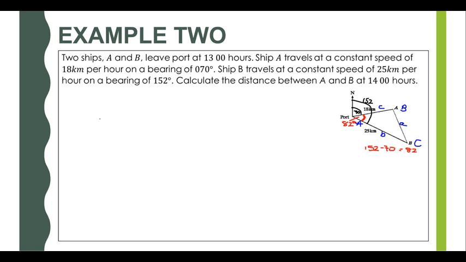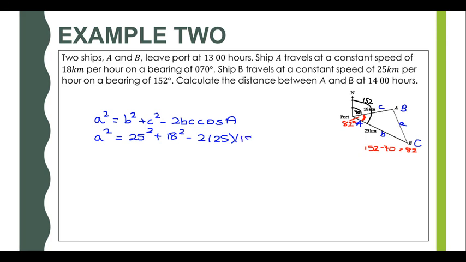The cosine rule, when we're trying to find our length, is a squared is equal to b squared plus c squared minus 2bc cos A. So we can substitute in what we know. a squared we're trying to find. b we know is 25, so 25 squared plus c is 18, so 18 squared minus 2 times 25 times 18 cos of our angle A, which is 82 degrees.